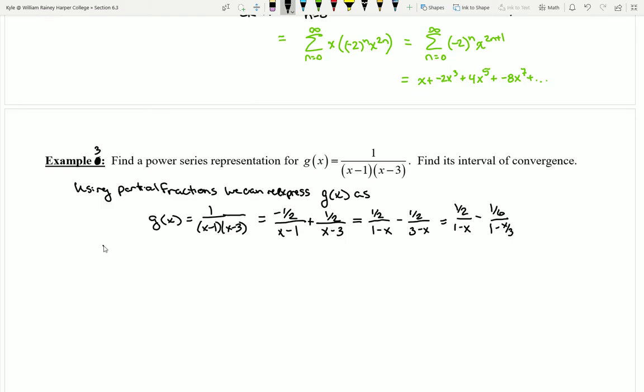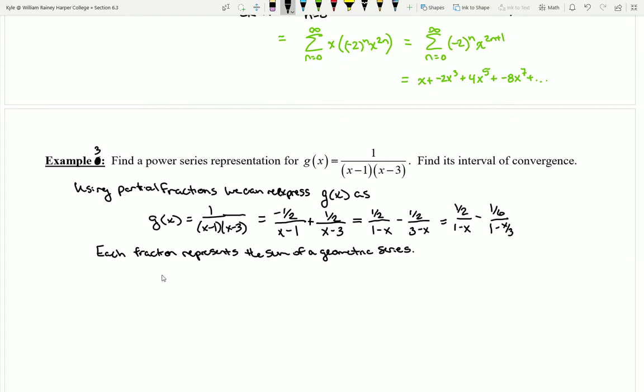In fact, I'll even write that here. Each fraction represents the sum of a geometric series.